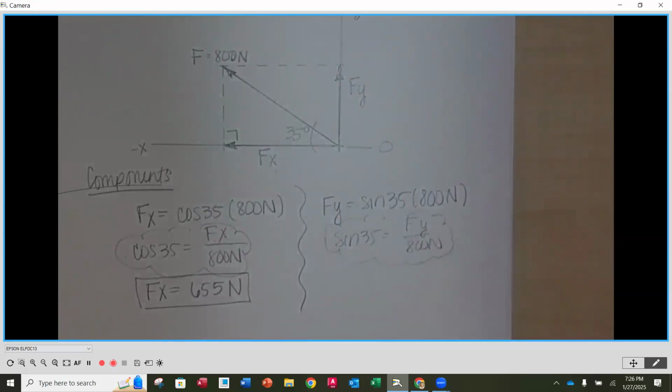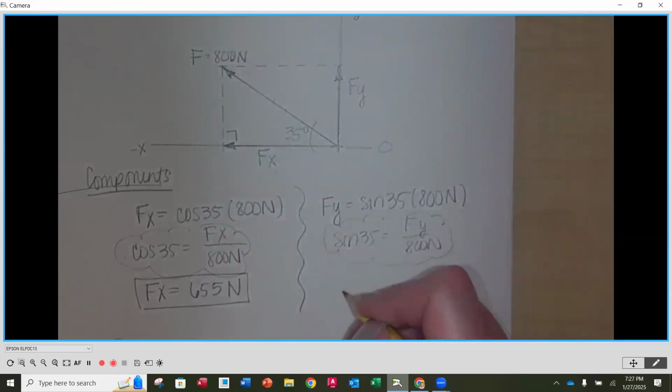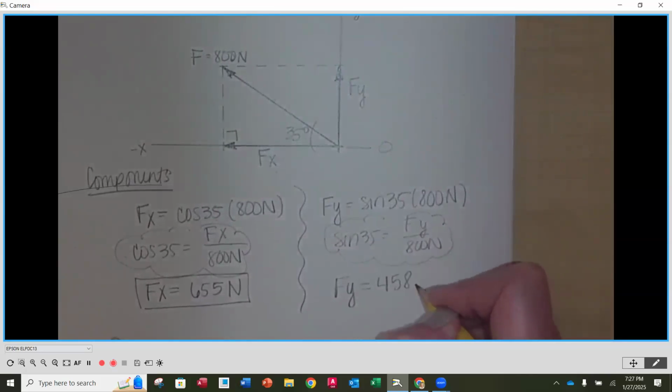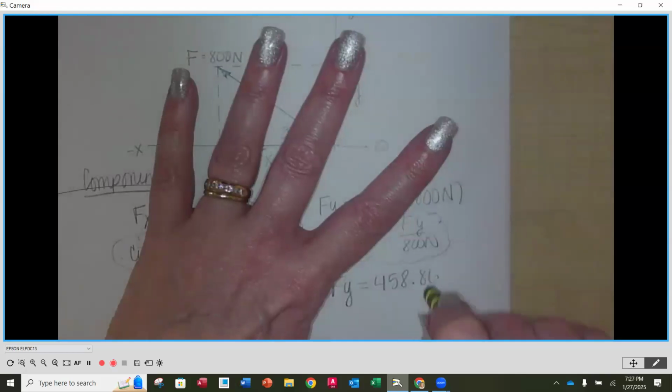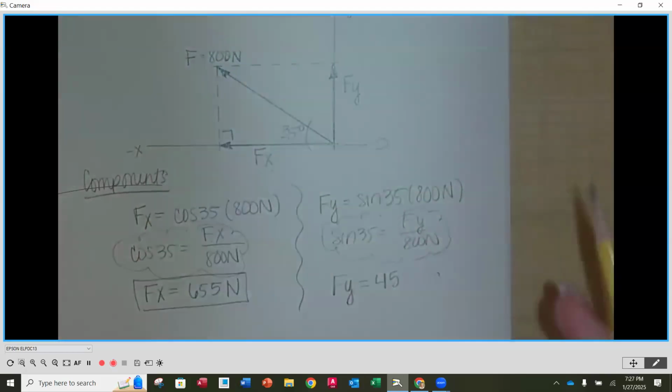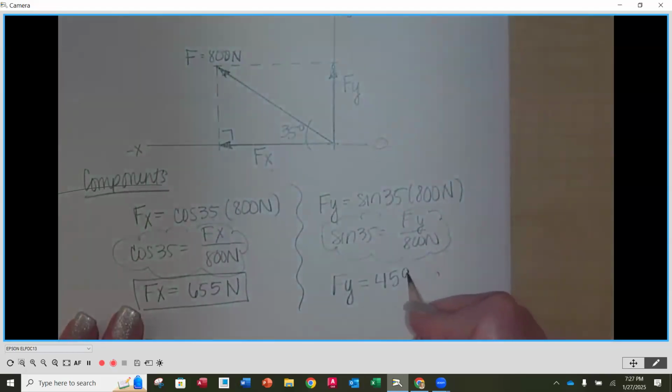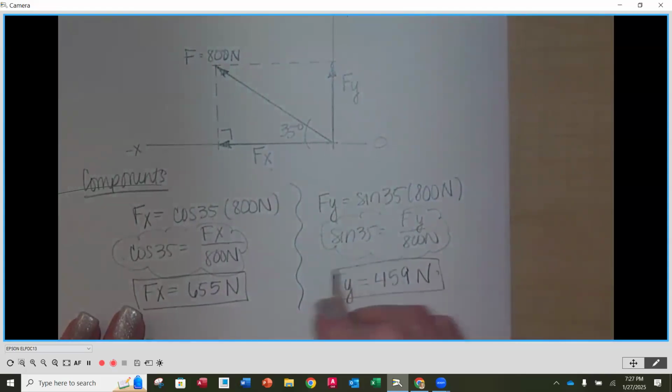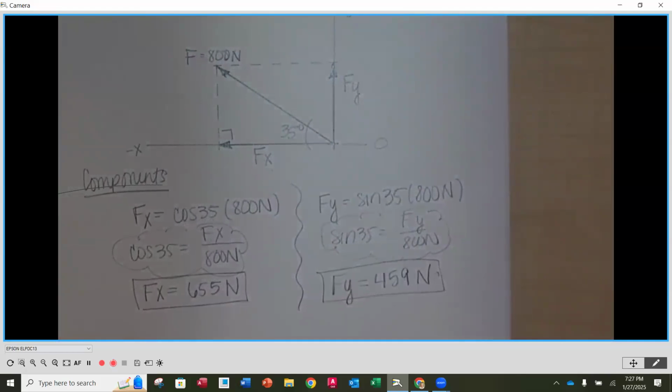So if we do sine 35 times 800, we should get Fy equal to 458.86, 459 would probably be good, and that would be newtons. If you add the extra decimal places, I guard against rounding too early, because then your numbers will be significantly off otherwise. Any questions?